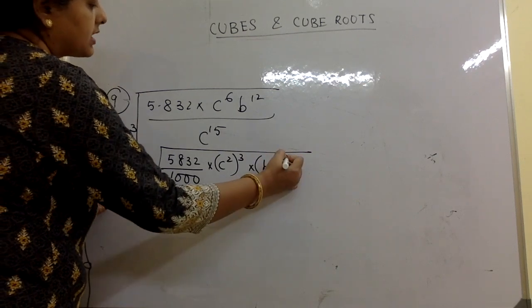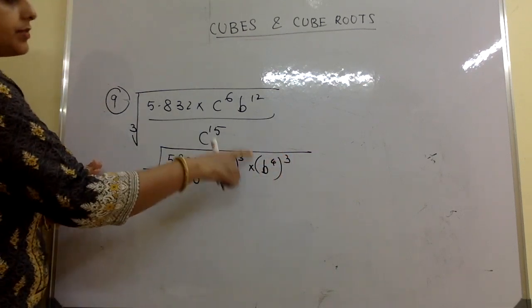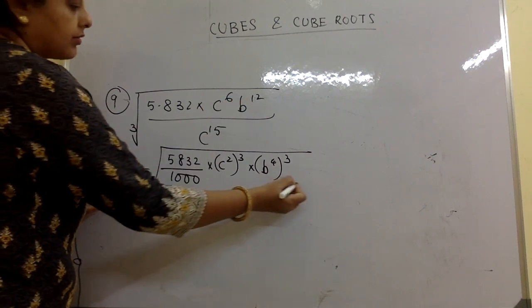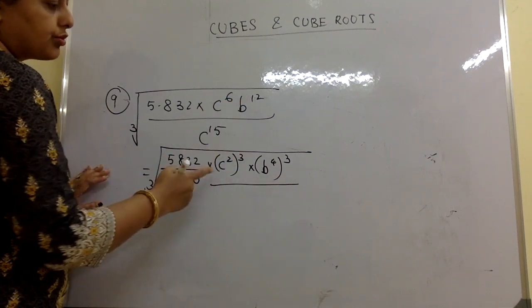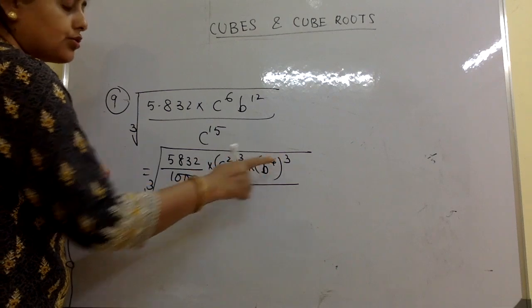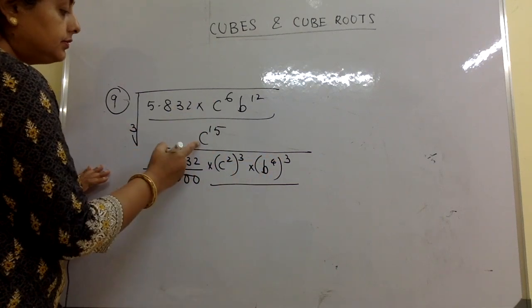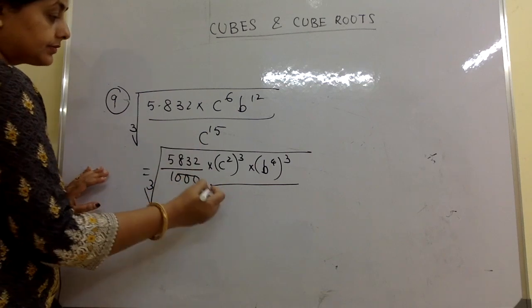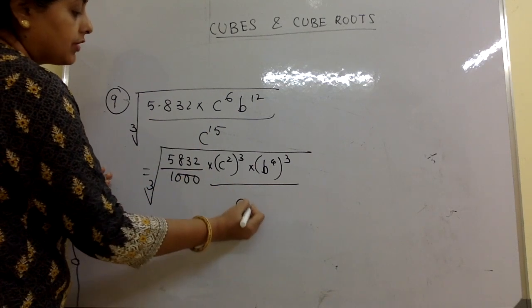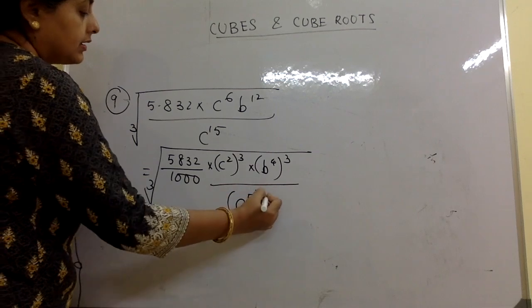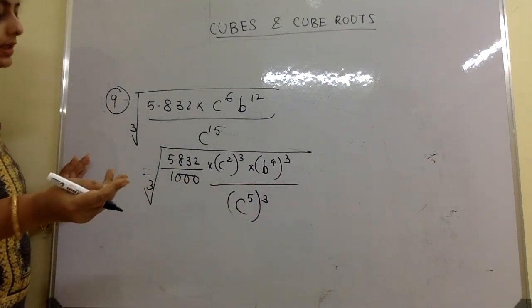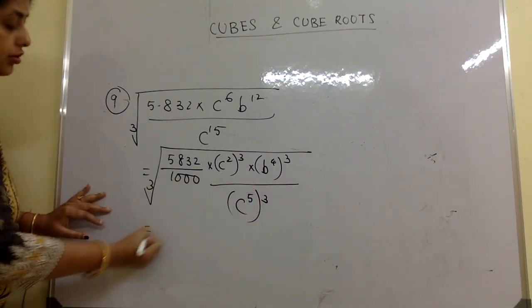See how I am writing this. This is coming from exponents actually. You multiply the powers, you will get your 12. So 6 can be written as 2 into 3, but note one thing, I am putting the 3 outside for a reason. Now see, this is c to the power 15, which can be written like this. Now I am going to find the cube root of this.